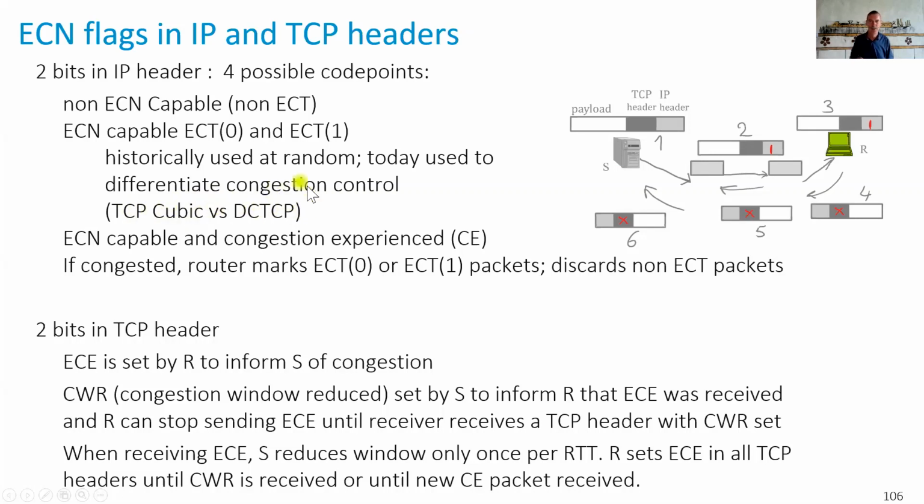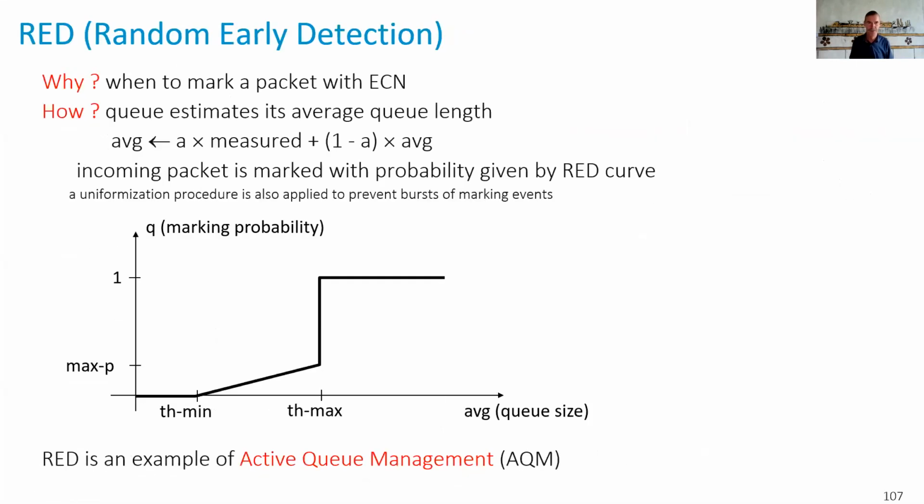And there's DCTCP that we'll discuss next week that uses ECN in a different way. And there are the bits in the TCP header, which are used as an echo bit and also in the reverse direction as a bit to signal, to be an acknowledgement that the echo bit has been received and that the window has been reduced.